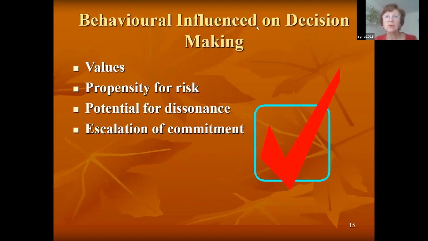So there are many influences on the decision-making process. One of the strong influences is the values of the decision maker. An alternative may look good and rational and logical, but the decision maker can say, it doesn't feel right.